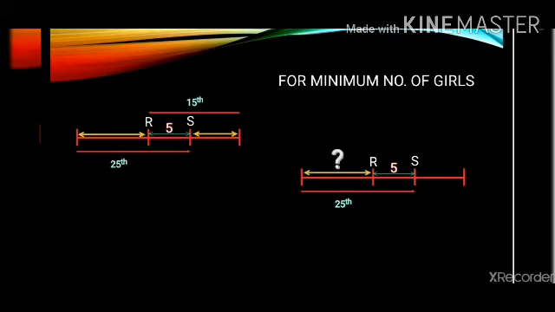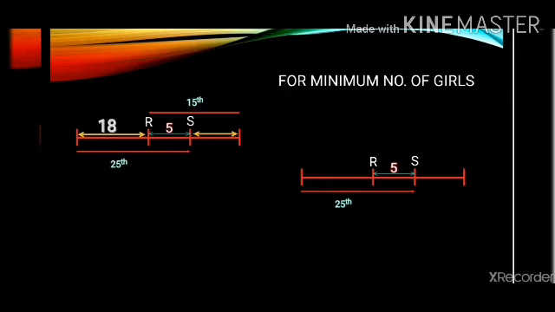Why are we doing so? Because the total number of people up to S is 25, minus 7, that is these 7 people: 5 girls in between them, and R and S. I am subtracting these 7, so I'll get the number of people just before R, excluding R. So I'll get the number of people before R as 18.